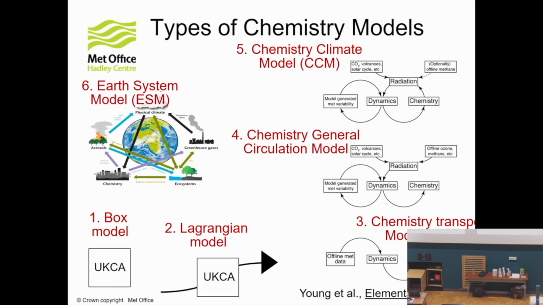Again, we're calculating the dynamics and advection, and that's driving the chemistry. But in this case, the chemistry has no influence on the meteorology, because we have no link between the chemistry and the radiation.